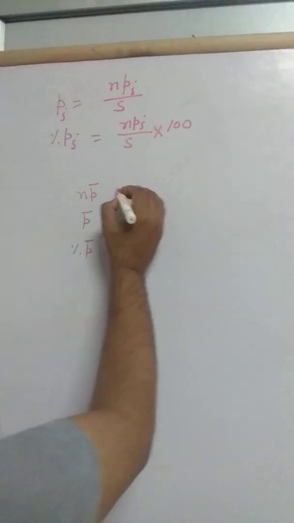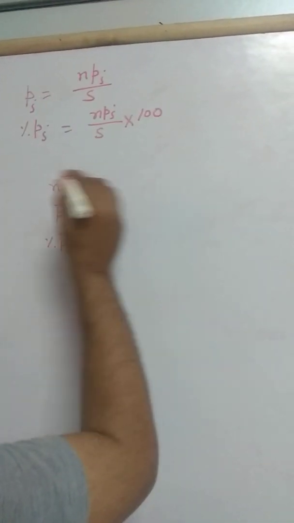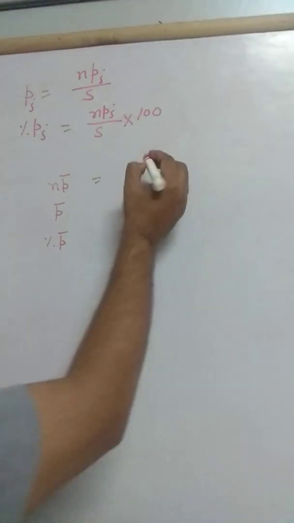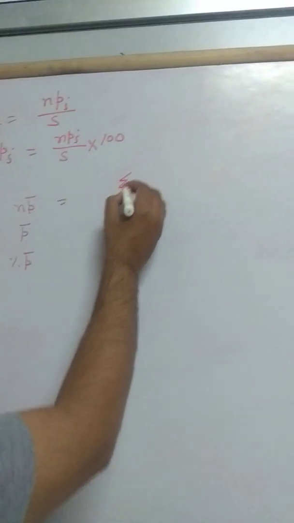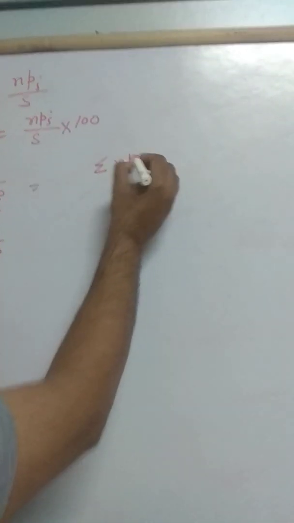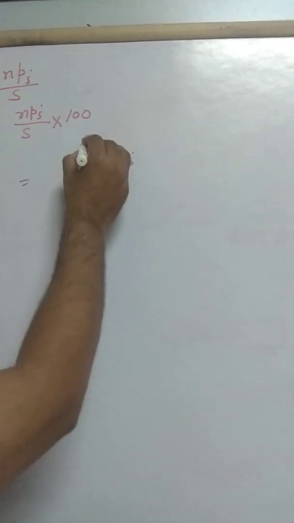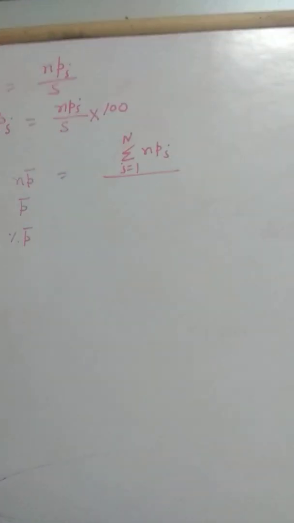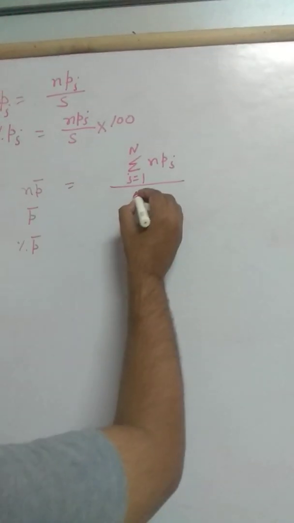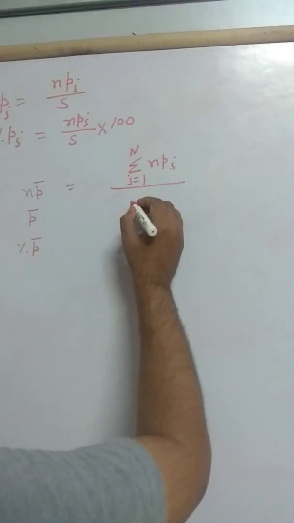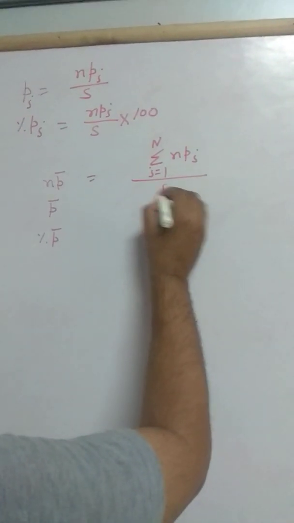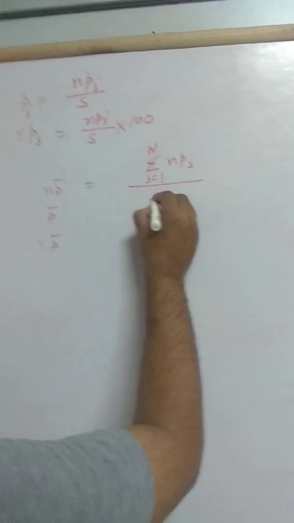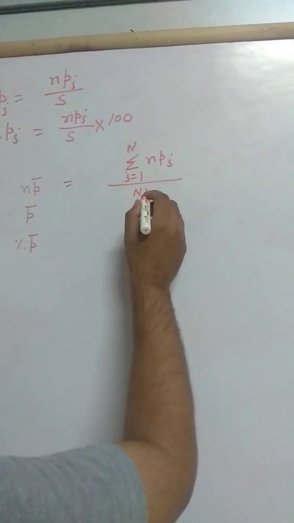The NP bar can be computed using the same very simple formula: summation NPi, i equals 1 to n, divided by n into S, n into n.